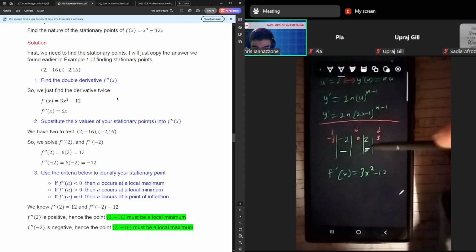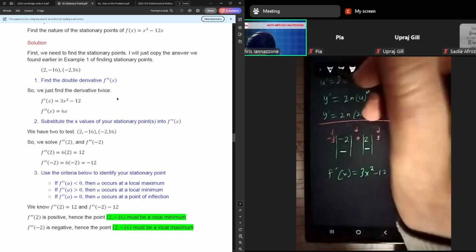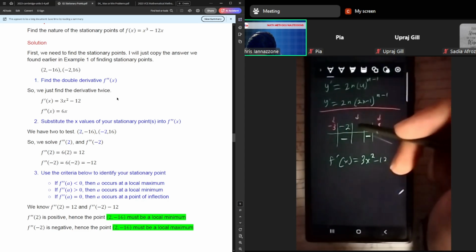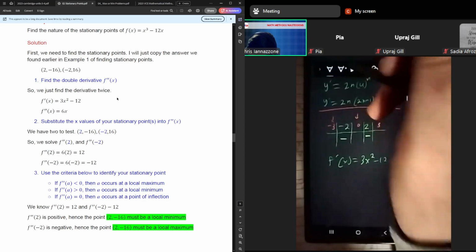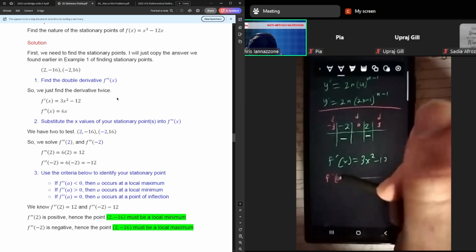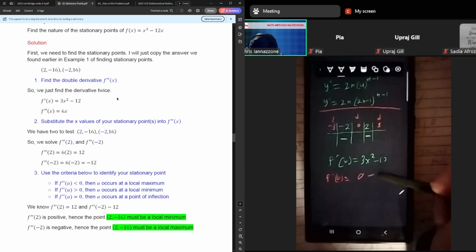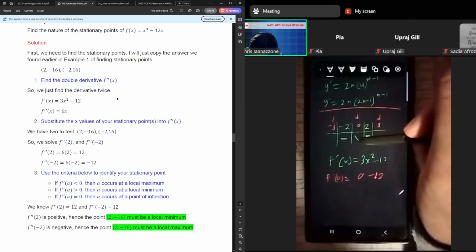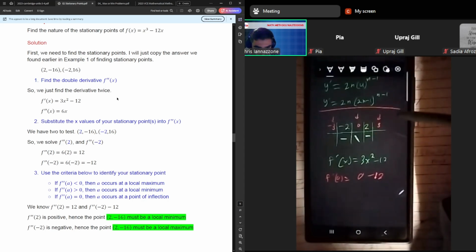If you get 0, something's gone wrong because you should have found that earlier in the simplification. But basically, let's say we test our 0. So we're going to have f dash of 0. That's going to go to 0 minus 12, negative. So negative means you would draw a slope going downwards, because that's what a negative slope looks like.